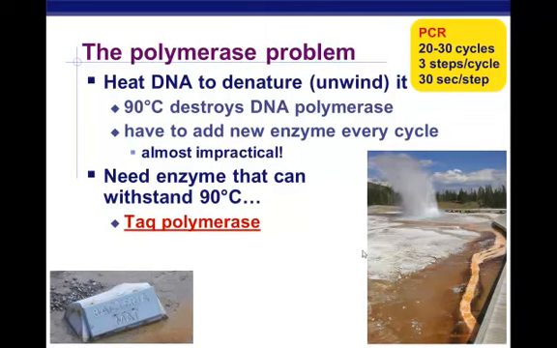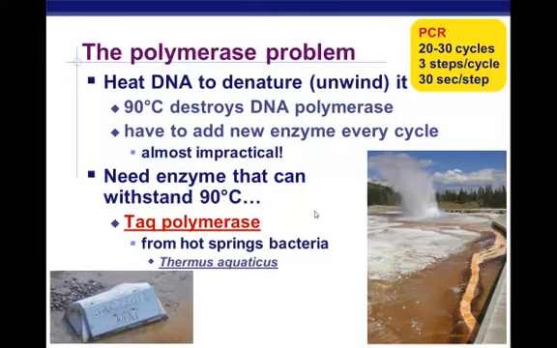Remember we talked about extremophiles, organisms that can live in very extreme conditions, hot temperatures, salty places. This is a bacteria that lives in the hot springs. And we've taken the polymerase from that bacteria because it can live in hot places. It's more stable under high temperatures. And Taq polymerase is going to be used in the thermocycler to polymerize the DNA.